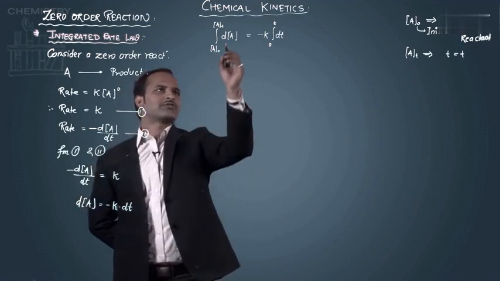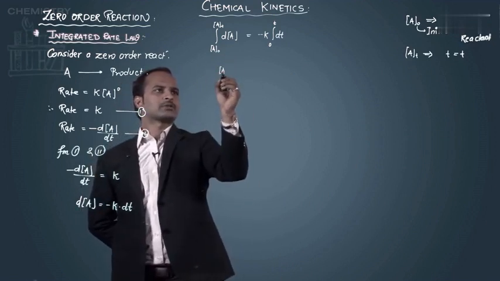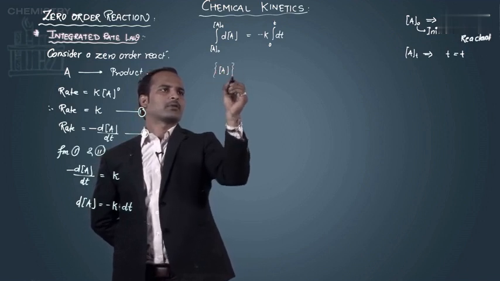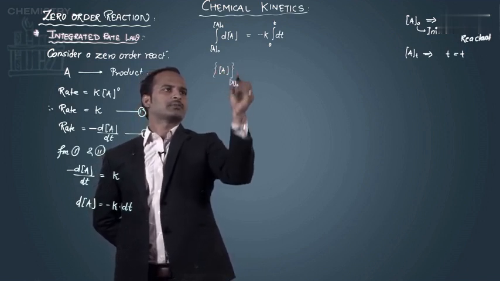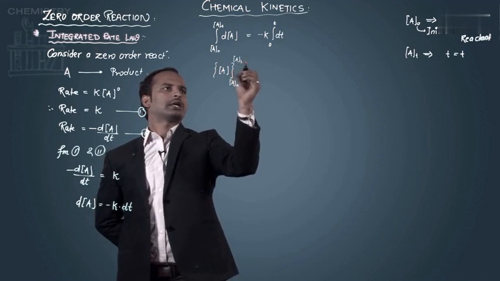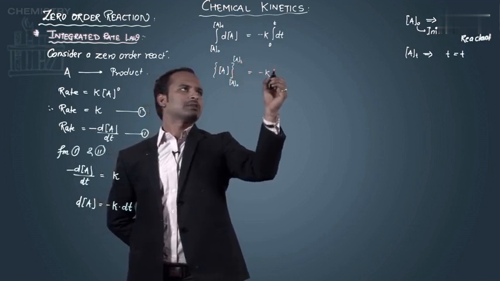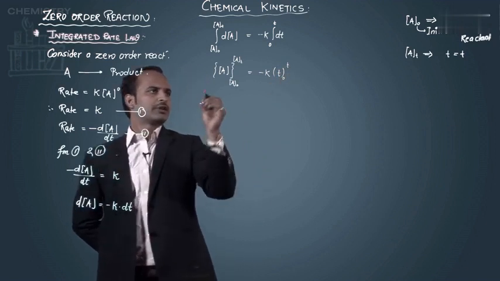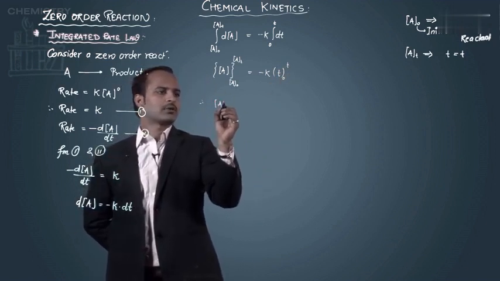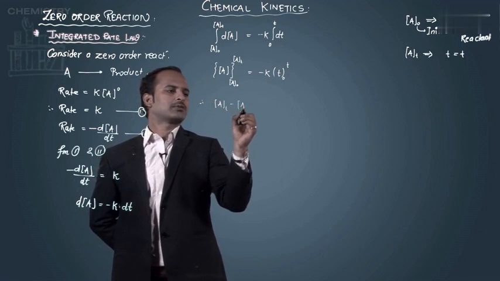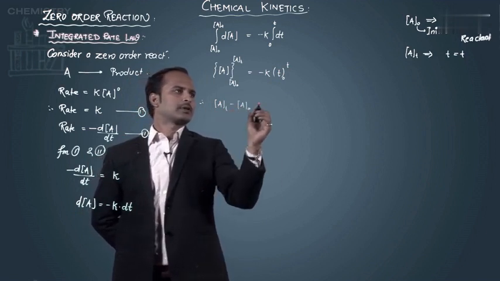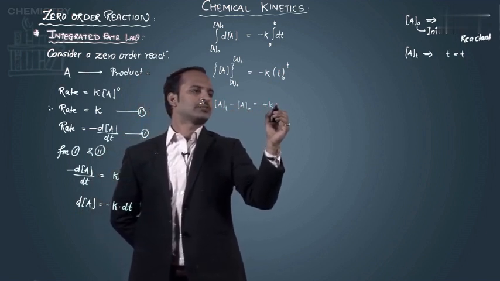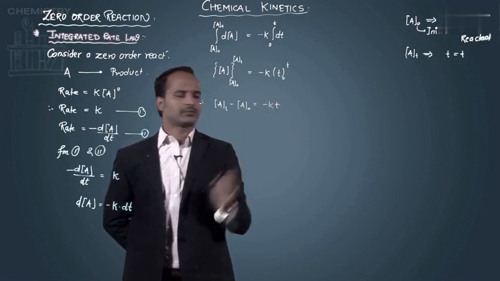The integration of dA is A, so it is going to be A with the lower limit A0 and upper limit AT, equal to minus K. Similarly for time, the integration of dt is t, from 0 to t. Therefore, in the next step we can write AT minus A0 is equal to minus K into t minus 0, that is t.